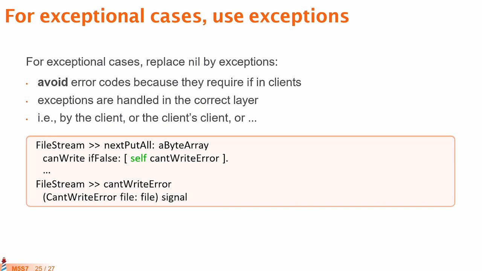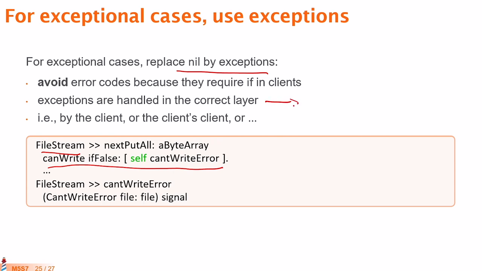For exceptional cases, one thing that could happen is that instead of having a default behavior or a null object, we could use exceptions. For example, we can replace nil by throwing an exception to avoid errors and unexpected cases. If we have a stream that can be in two different states, readable or writable, we want to avoid writing on the stream if it is not writable. Instead of having a default behavior that ignores the incorrect behavior, we can just throw an exception when there is an attempt to write into the object if it is not writable.